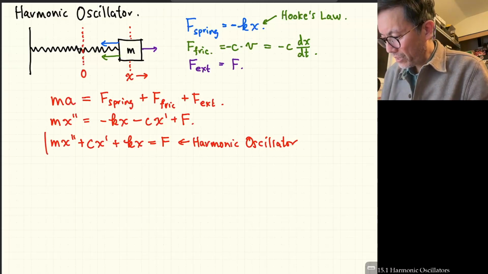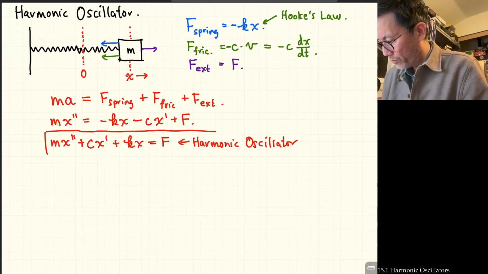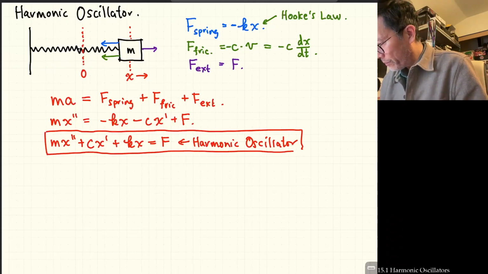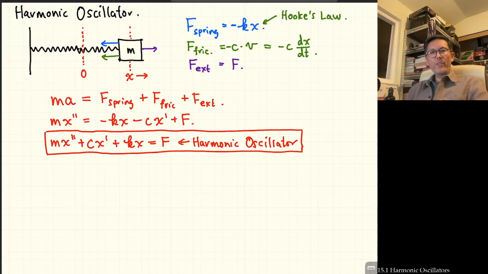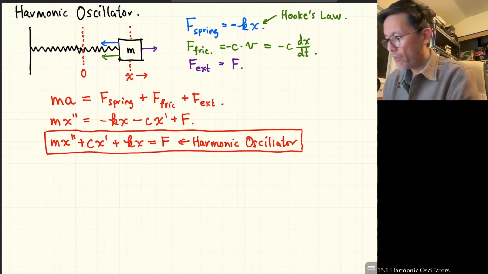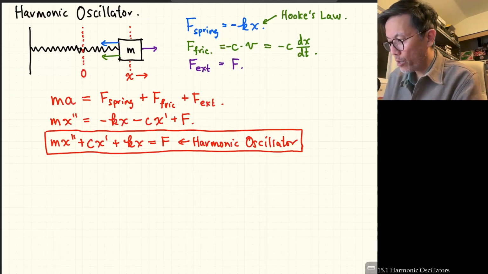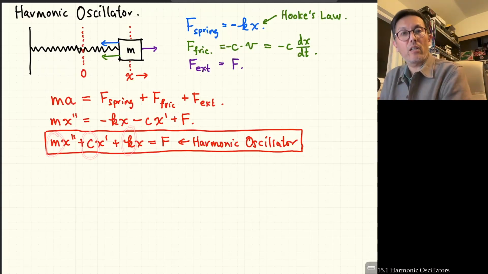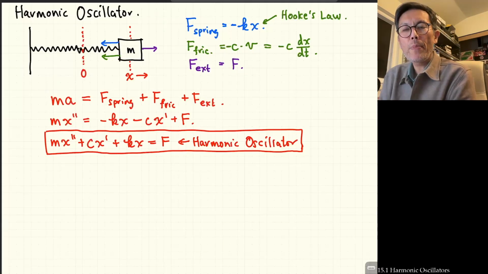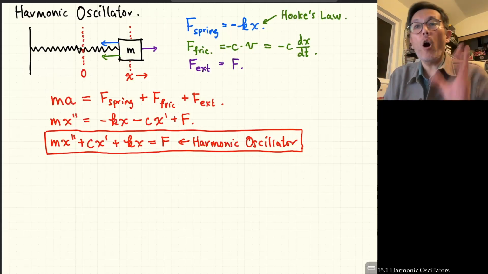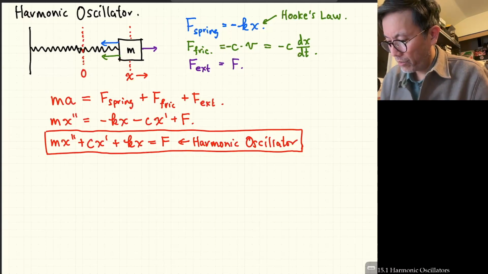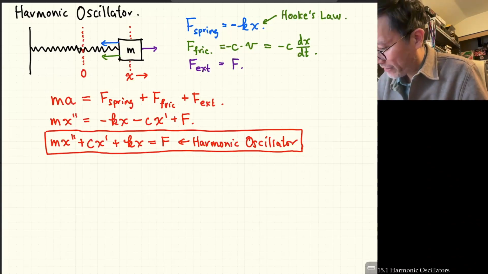And how is this different from the kind of second order linear differential equation that we might have seen in the past? Well, in this situation, we have some key assumptions. In this case, notice, please, that the coefficients, yes, they're all constants. So this is a constant coefficient equation. However, they're all positive constants here, or at least non-negative. So let me say that. M here is going to be strictly positive.